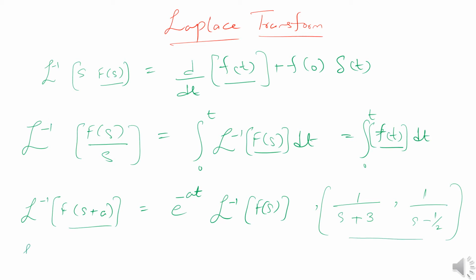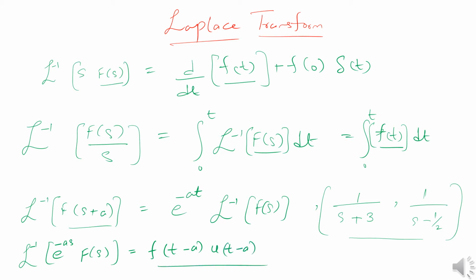And then the second shifting property is about the Heaviside step functions. The property says that the Laplace inverse of e raised to the power negative as multiplied by f of s is equal to function of t minus a multiplied by unit step function of t minus a.